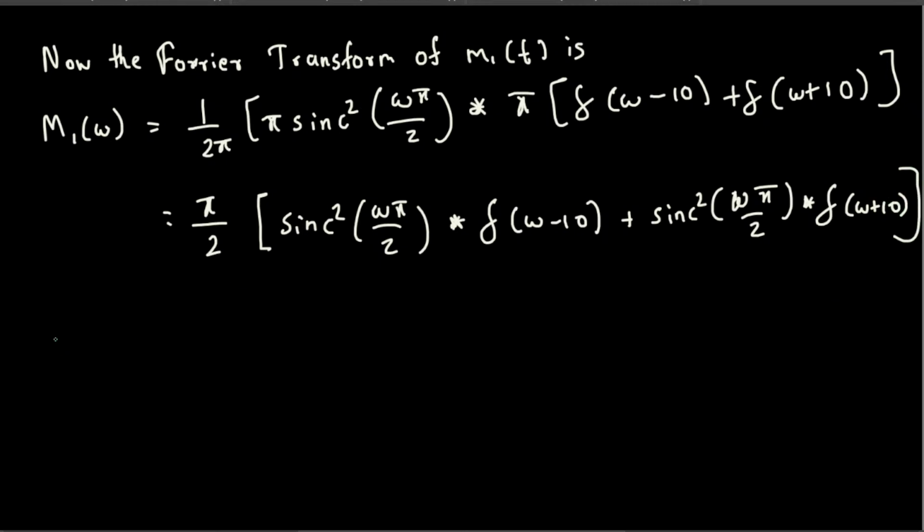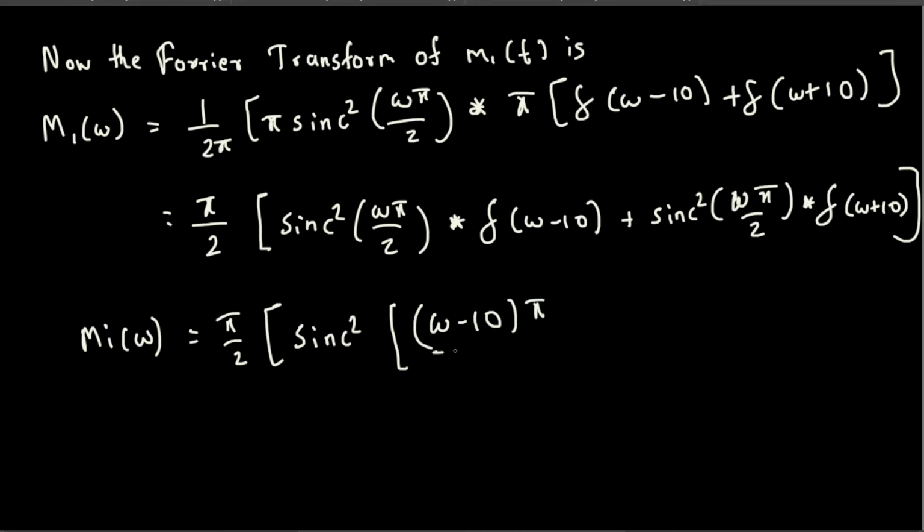After we finish the convolution, we end up with M1 of omega, and pi over 2 remains the same. Then, since the delta goes away in the convolution, we end up with sin squared of (omega minus 10) pi divided by 2, plus sin squared of (omega plus 10) pi divided by 2.